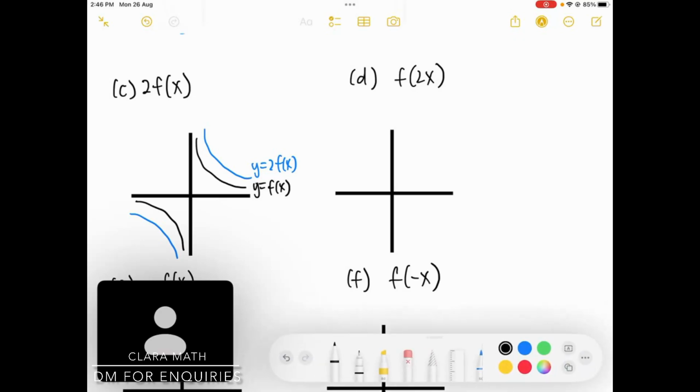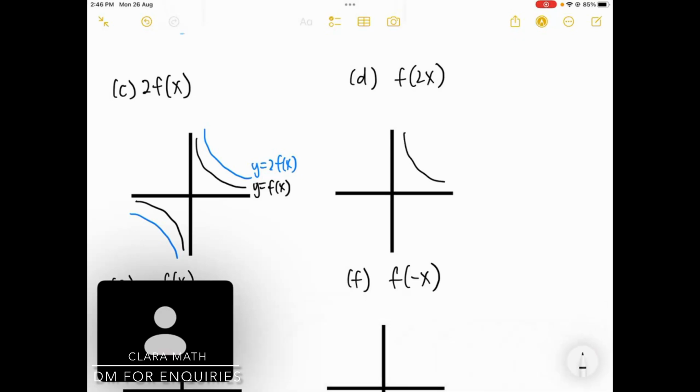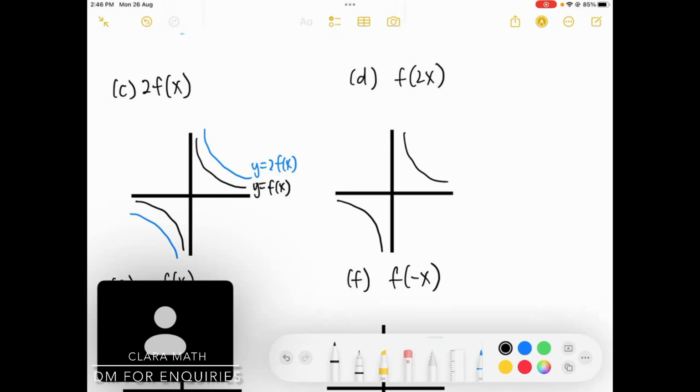Okay. So part D is a bit more tricky. Let me draw, because the normal graph is like that. So now the times 2 is inside the bracket. So it affects the x value, the y value stays the same.